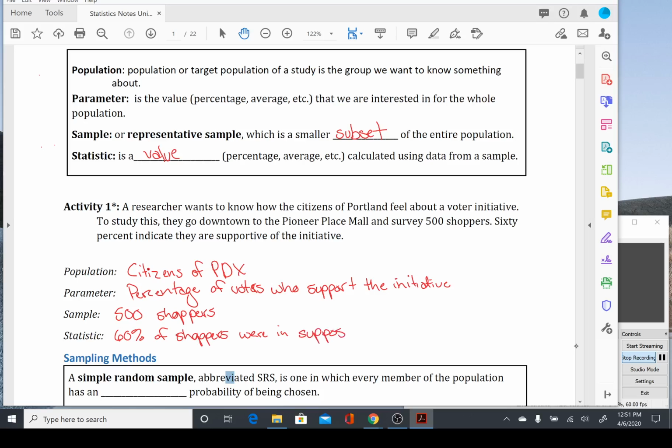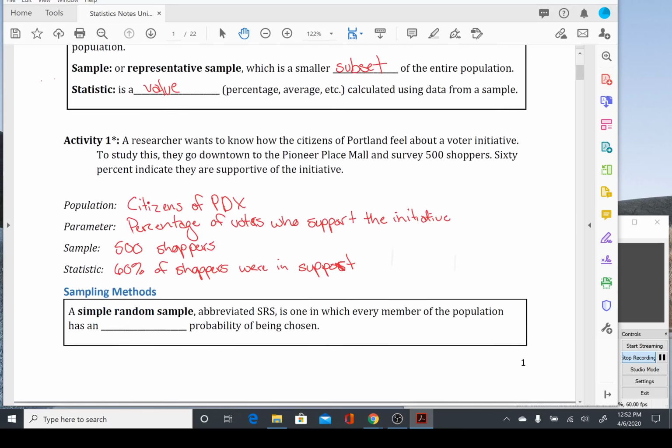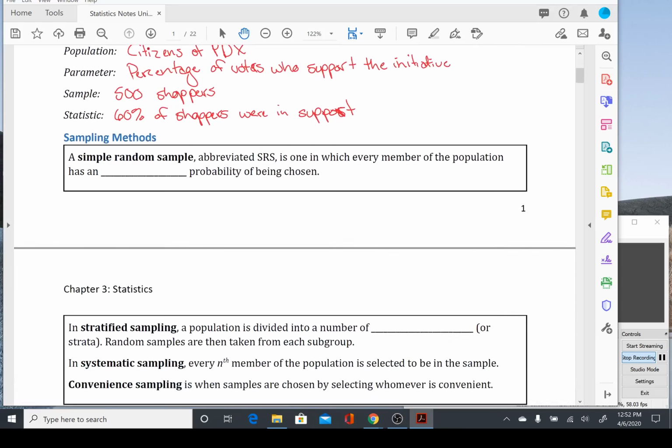All right, so things that you might ask yourself about this would be, is this a very good study? Did they get an accurate subset to look at? Was there bias in going to just Pioneer Place Mall and asking shoppers about this initiative? And so what we look at when we're trying to determine if this is a good study is the method that they went through.